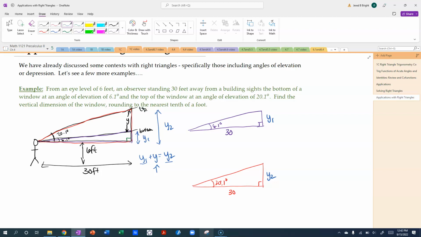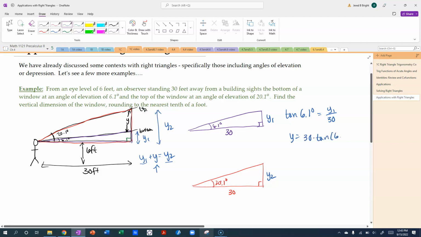I can find y1 by doing tangent of 6.1 degrees is equal to y1 over 30. Multiplying by 30, y1 is equal to 30 times tangent of 6.1 degrees. I'm just going to round this to 3.2.